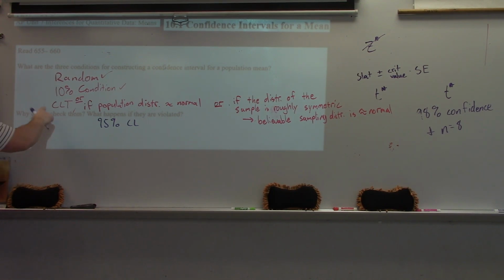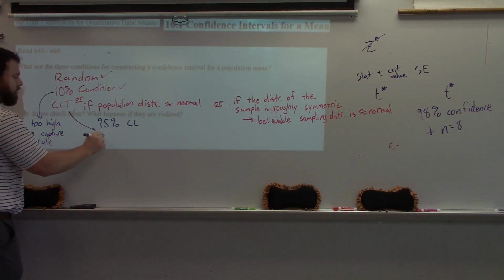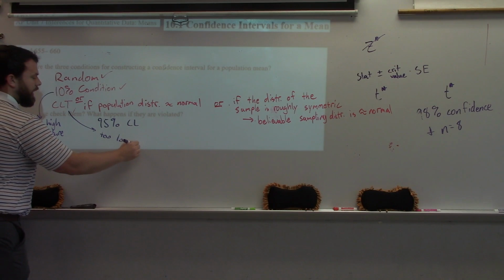If it's not approximately normal, we're not going to have the right capture rate. If we violate the 10% condition, it actually has too high a capture rate. And so you might think, oh, that's fine, but no, it's not, because then we don't know what the capture rate is. If we violate the approximate normality, it has too low a capture rate.